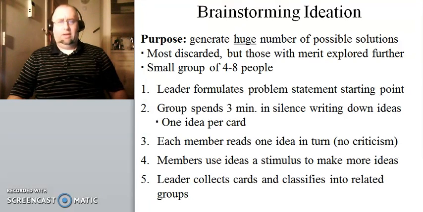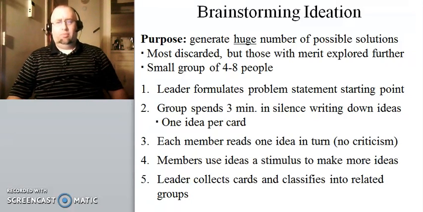So there is a significant amount of, I guess, culling of ideas after the brainstorming process, but you don't worry about that as you're doing brainstorming. You just try to generate as many ideas as possible. And to do this, you're going to need a small group. Usually the best size is somewhere between 4 to 8 people.